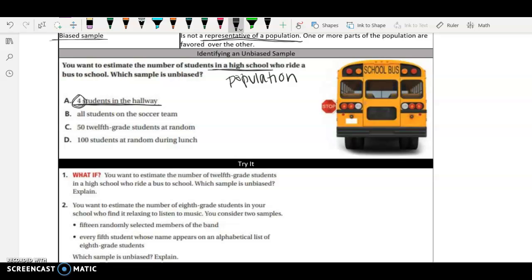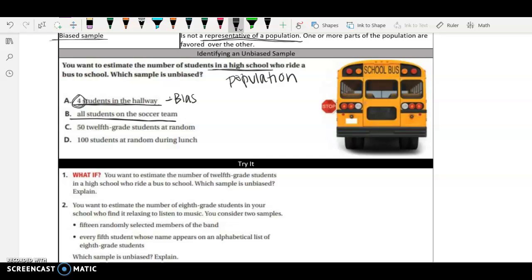If I ask all the students on the soccer team, sorry, this one's biased. I'm only asking players on the soccer team. Most sports in high school have practice before or after school, so most of those students don't ride the bus to and from school.